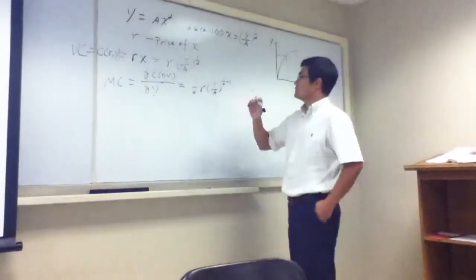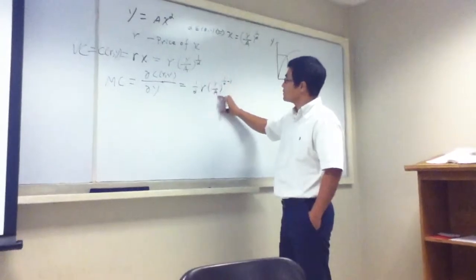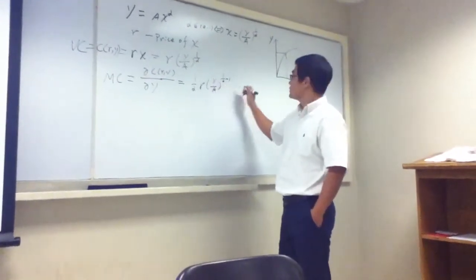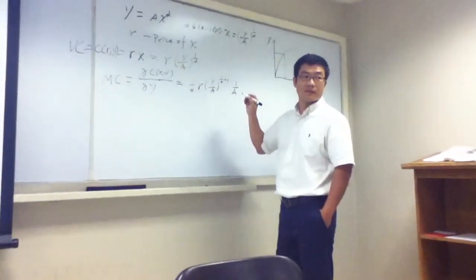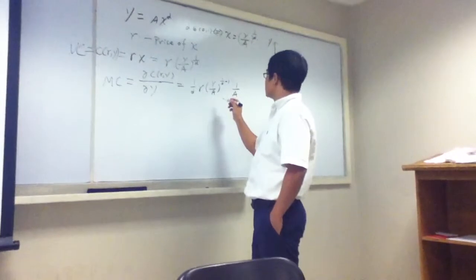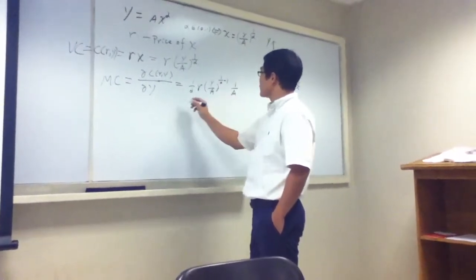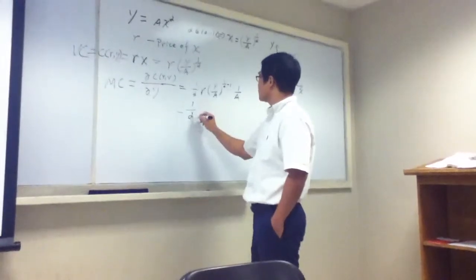Yes, so times the derivative of this term with respect to Y, which is 1 over A. So you can rewrite this as 1 over alpha.